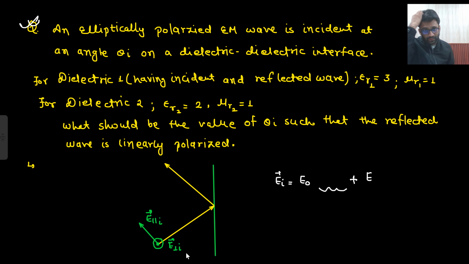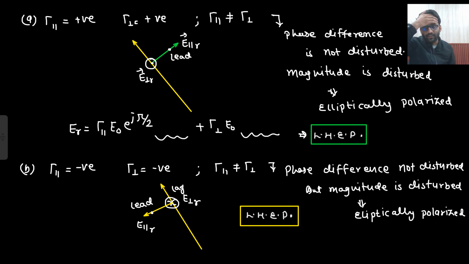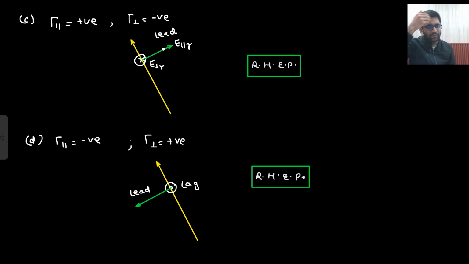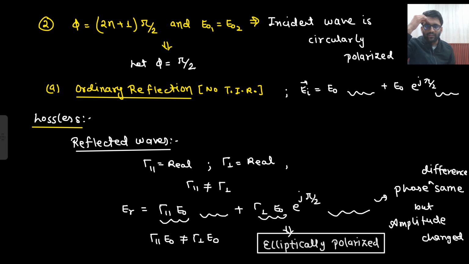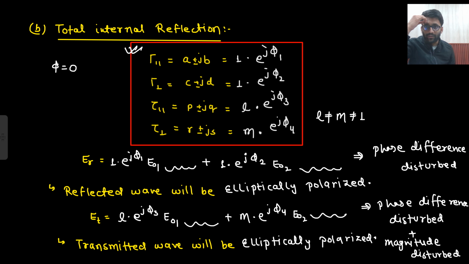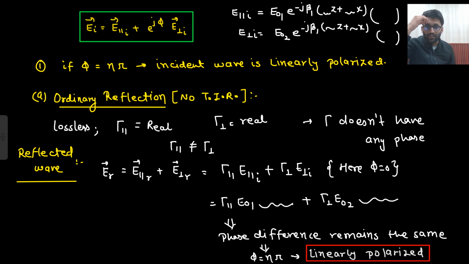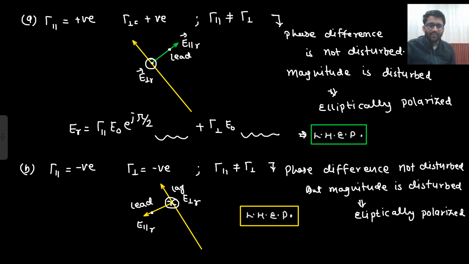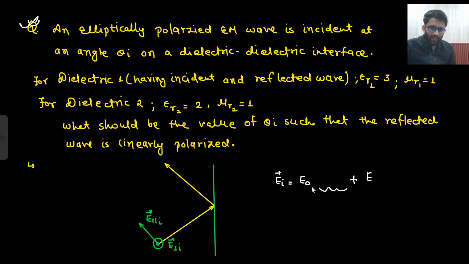So how can I write the parallel component? How have I written the parallel component here? Okay, in the same manner only. So here I am writing E0 parallel and E0 perpendicular. I am assuming both have the same magnitude, or it could be different as well.